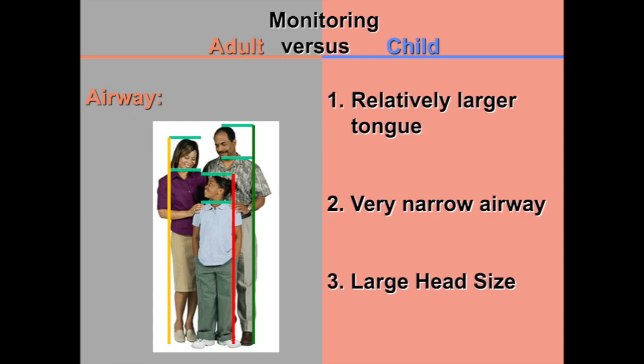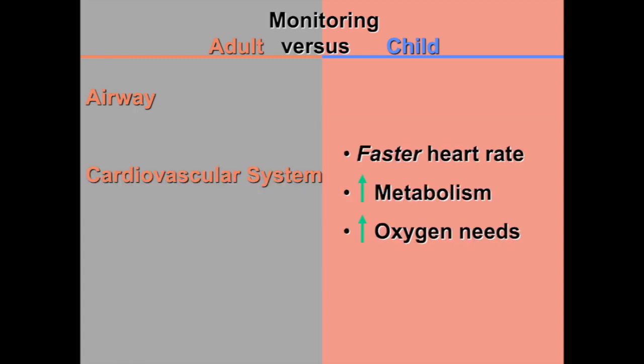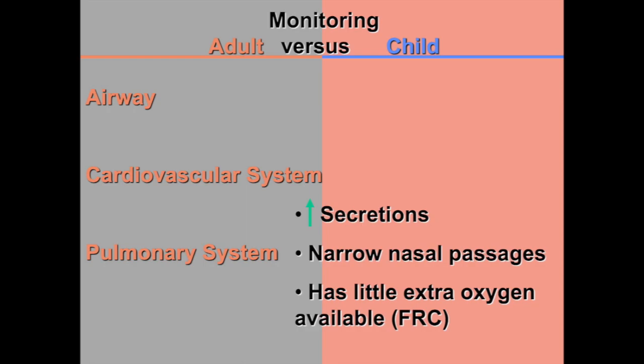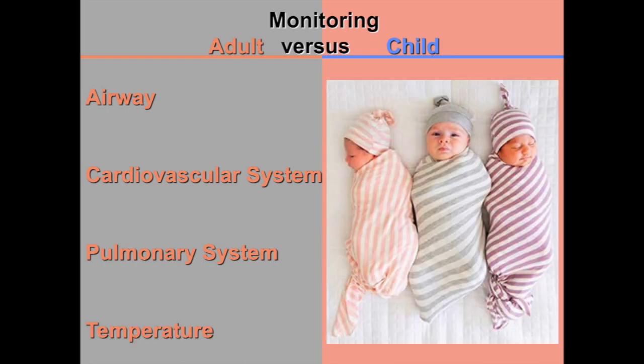They've got a larger head, much faster heart rate, so there's a lot of metabolism and a lot of oxygen demand going on. We know that kids have a lot of secretions. They're pretty juicy. They've got narrow nasal passages, and there's not a lot of FRC in those pediatric lungs. And they lose temperature really fast, especially from their heads.